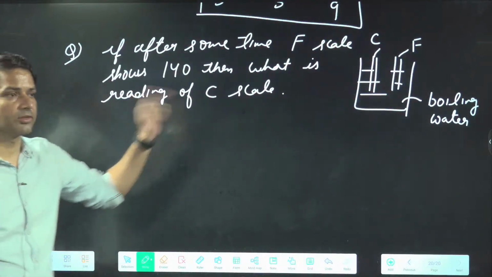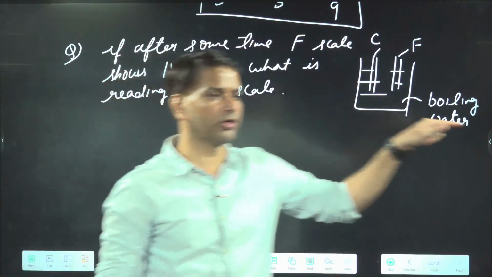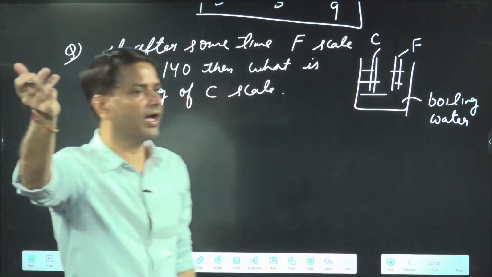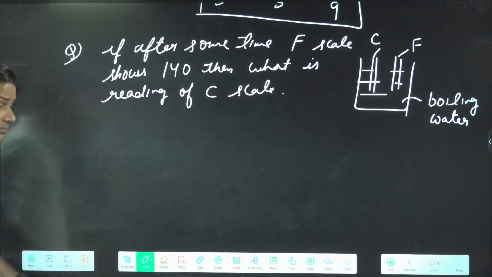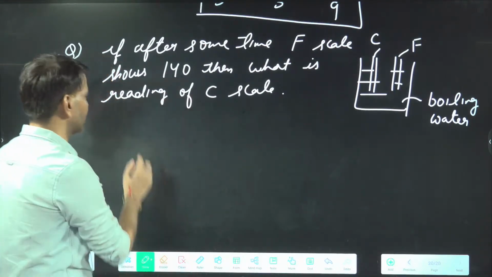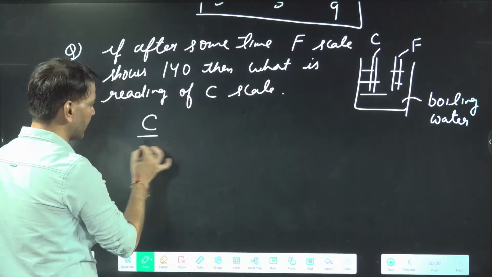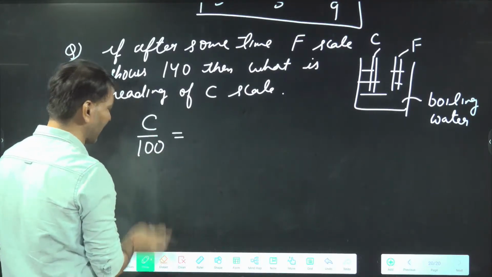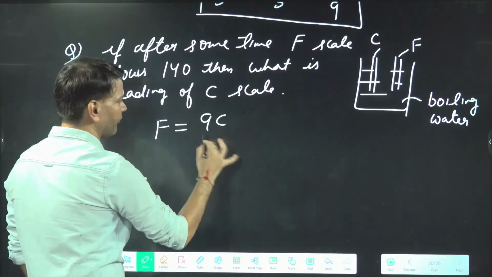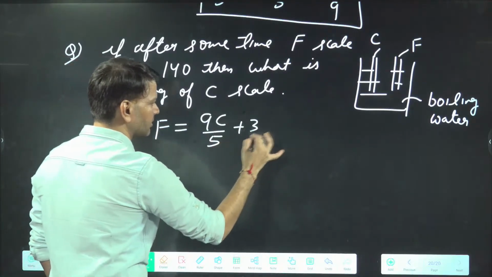The Fahrenheit scale is 140, so I have to convert 140 degree F into degree C. Then we will use the F and C relation. What is the F and C relation? C by 100, or directly I am using now, F is equal to 9C by 5 plus 32.